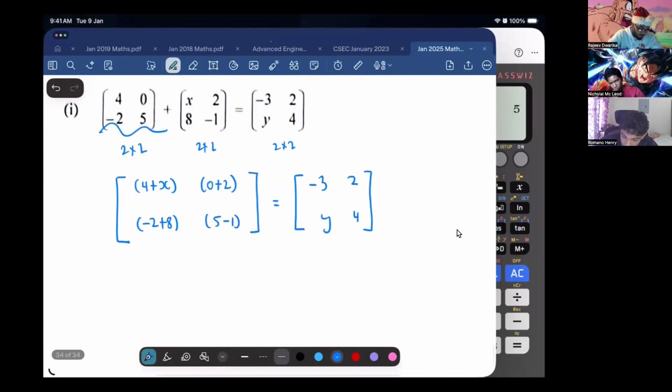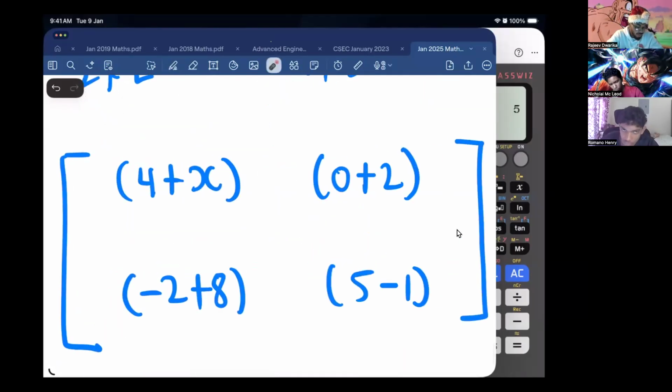Can we simplify 4 plus x, or are we going to leave it like that? No, you can't. Nicholas, a mistake real students make is they look at this and say 5x, which is extremely wrong.